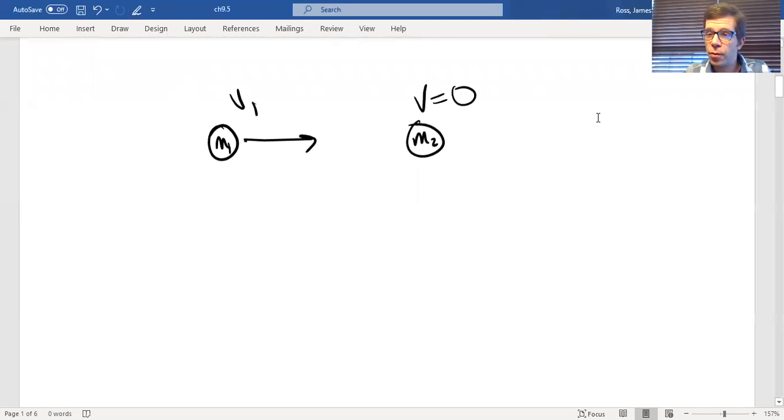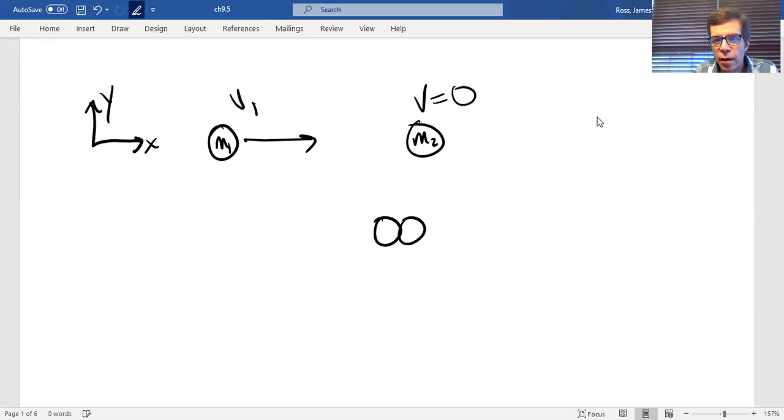All right, so there's a natural way to define our coordinate system. Since only one object's in motion, I'm going to define the X direction in the direction of motion of the one object that's moving. After the collision, so they hit, you have some interaction, and then the balls move away.